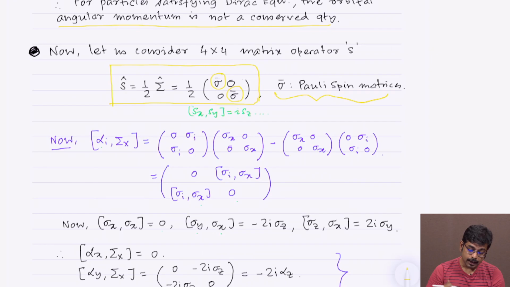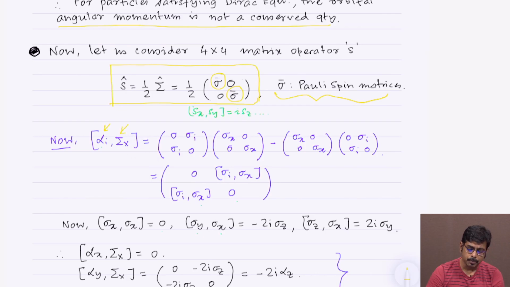Now, let us check what happens if you take the commutation relation of alpha_i, the matrices that appear in the Dirac equation, with the x component of the spin operator that we have taken, which is Sigma_x. If you remember, in our Dirac-Pauli representation, alpha_i is 0 sigma_i, sigma_i 0, and Sigma_x is nothing but sigma_x 0, 0 sigma_x.